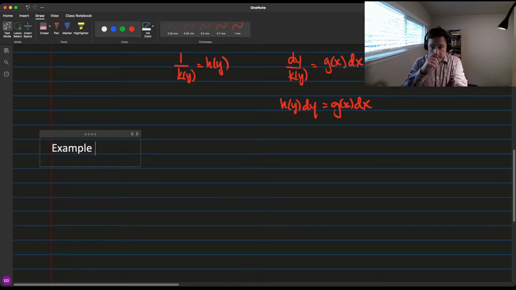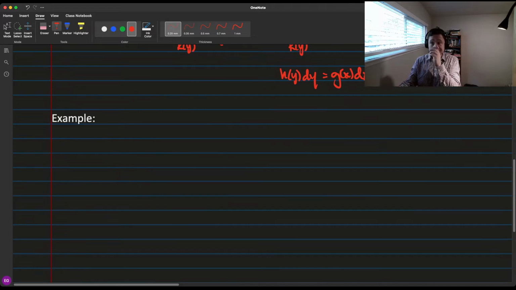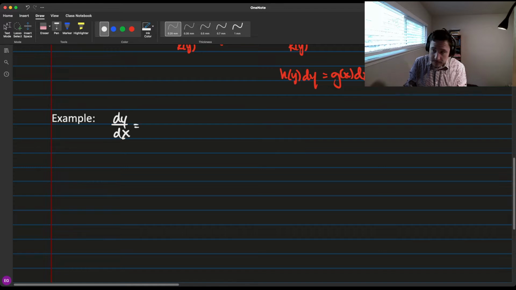So let's solve dy/dx equals (4 minus 2x) over (3y squared minus 5). Okay, so can you rewrite this as your g of x and your k of y?